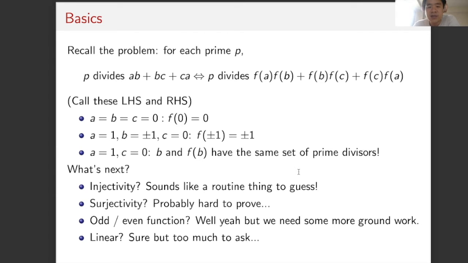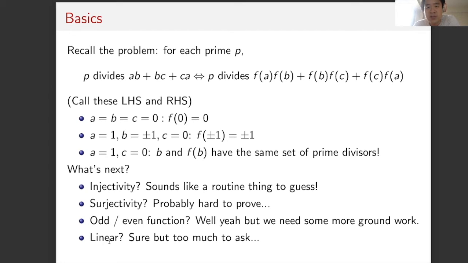But in this case, typical things to try are injectivity, surjectivity, whether it's odd or even, whether it's linear, etc., or whether it's multiplicative. It turns out that not all the things I said just now are true, but most of them turn out to be true. For example, injectivity is true, and surjectivity, it's an odd function, and it's linear.